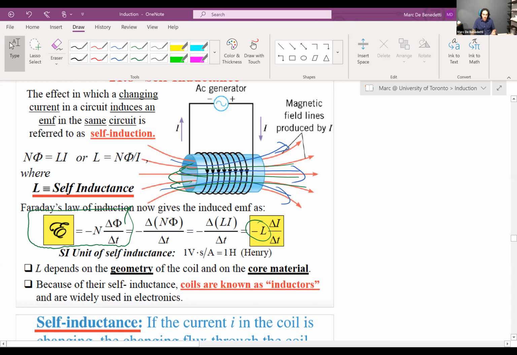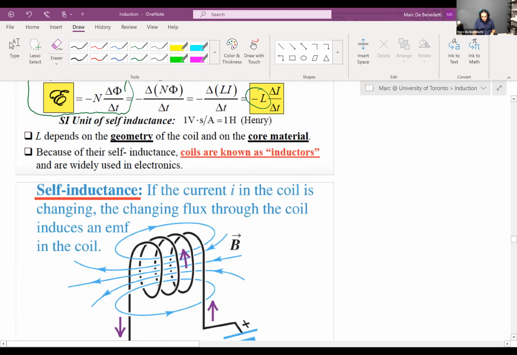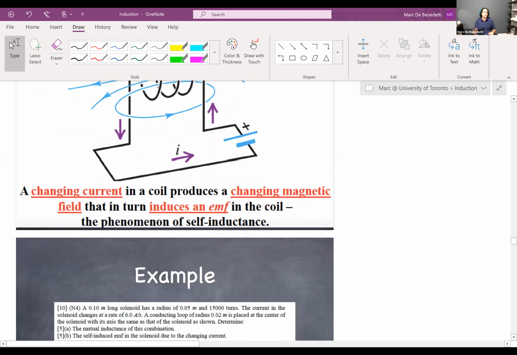Is it an air-filled coil? Did you put iron in the center of it? Stuff like that. We won't do very many problems with self-inductance and mutual inductance. I just want you to know the concept.